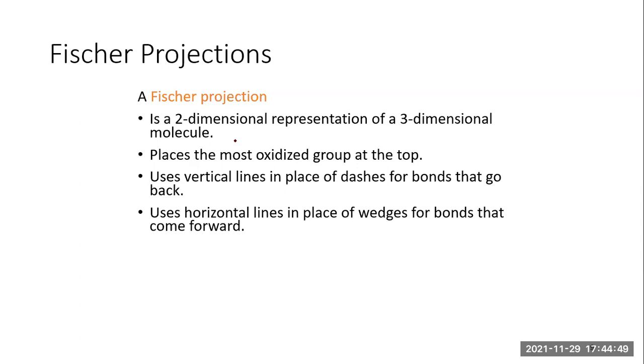We place the most oxidized group up on top, and that's usually something with a carbon-oxygen double bond. That usually ends up towards the top. We use vertical lines in place of dashes for bonds that go back, and we use horizontal lines in place of wedges for bonds that come forward.